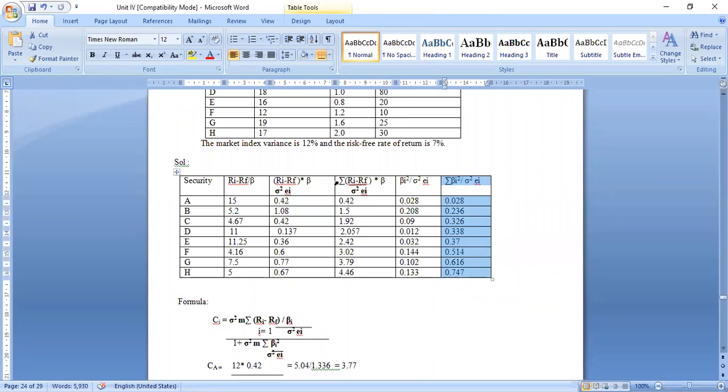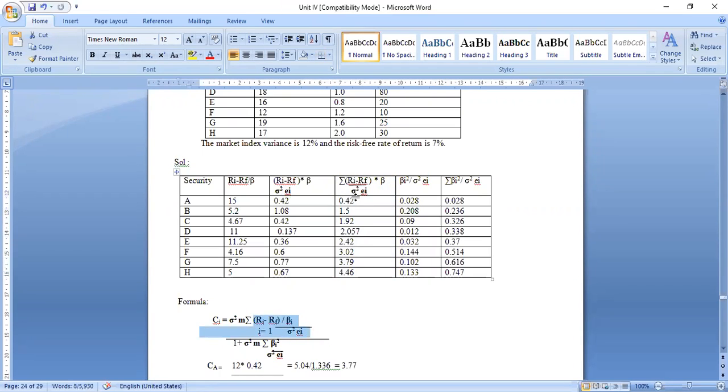These are the two very important columns, because we have done all possible calculations required as per the formula, as you can see here. Whatever values are calculated, we are going to insert them one by one. This table is going to reduce the tedious task of inserting all the values in the formula, and that is why separate bifurcations are made in the form of different columns as per the requirement of the formula.